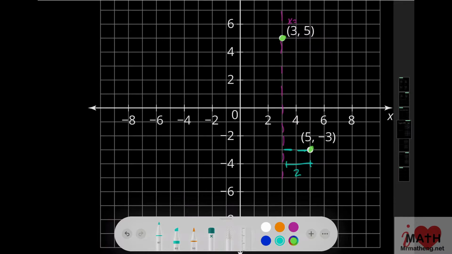And then the range, or from the y values, from this point, let's use a different color, let's use orange, from here all the way down to here, 1, 2, 3, 4, 5, 6, 7, 8. Now we're going down, so it is negative 8.